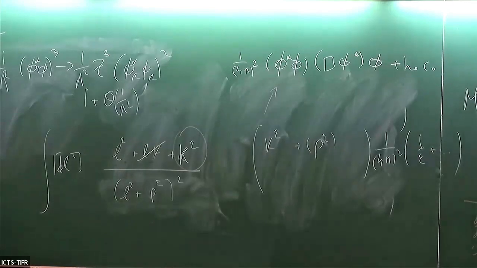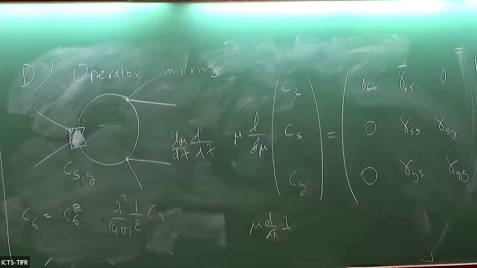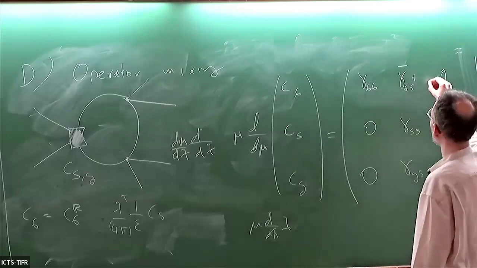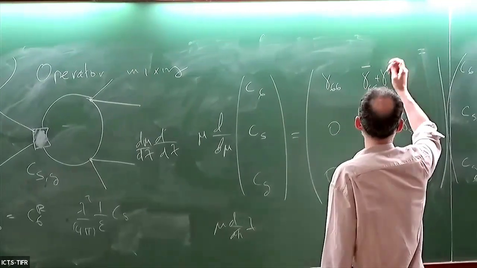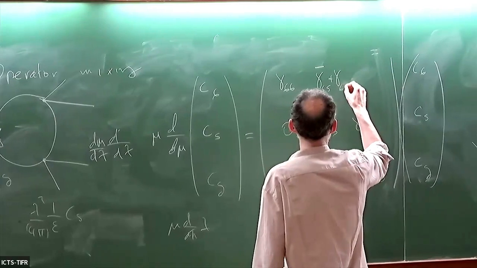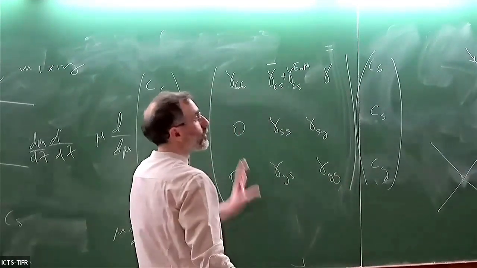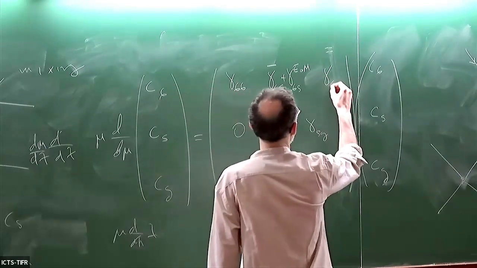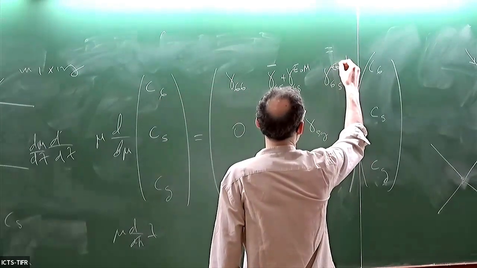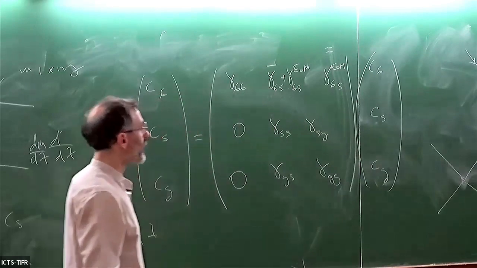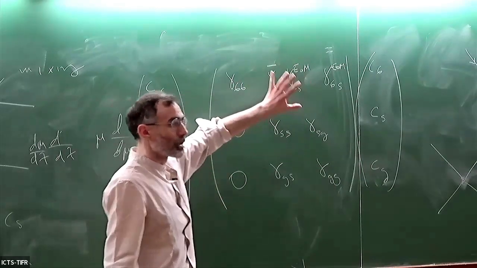So that's why I wrote a bar in here, because it's proportional to CS and CG, but via the equations of motion, there's another contribution in here, possibly. I haven't computed it. Let me call it EOM. And there could be another one coming from CG. And it's only the sum of the two that is the physical thing.